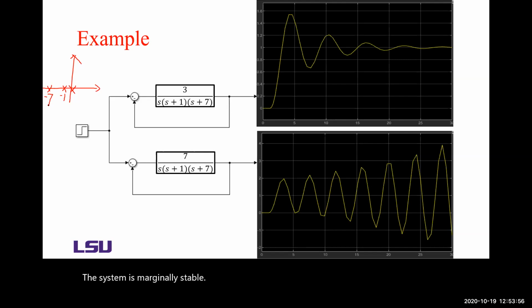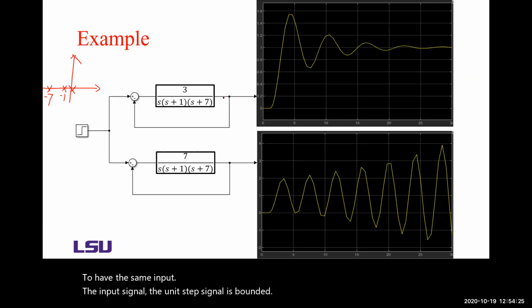Since it has a pole on the imaginary axis, it is not BIBO stable. The two systems have the same input. The input signal, the unit step signal, is bounded.